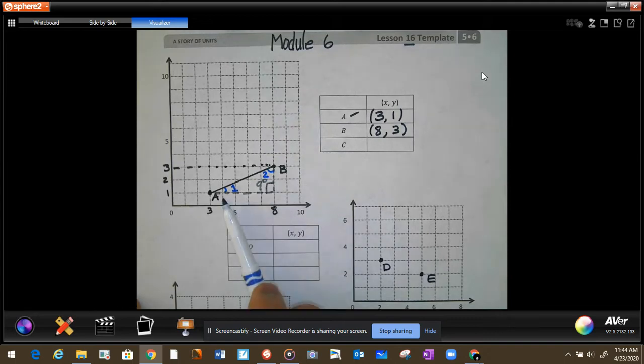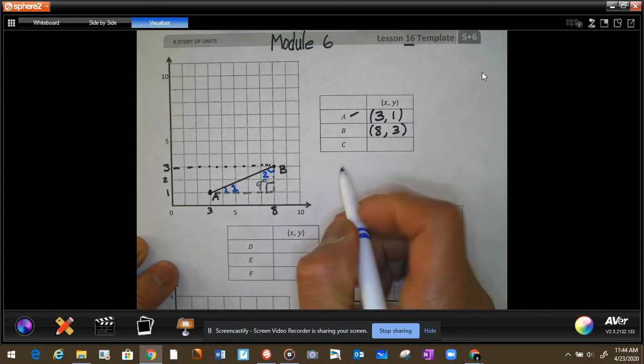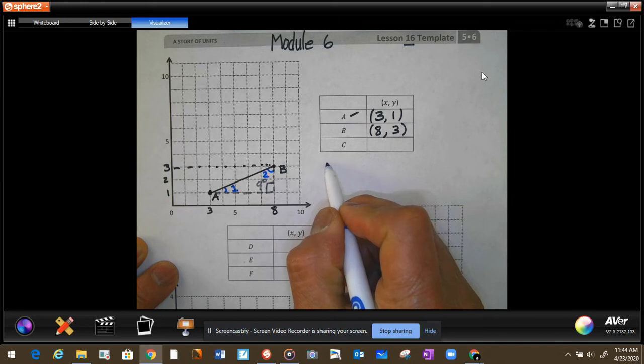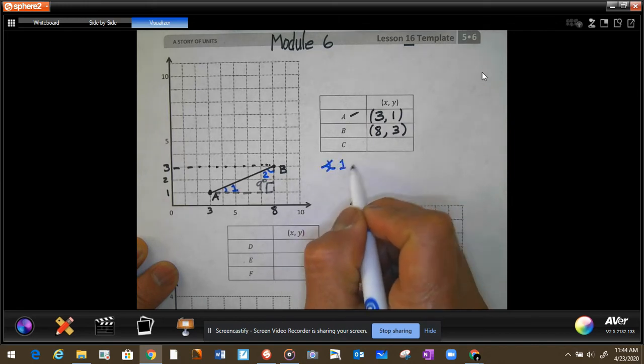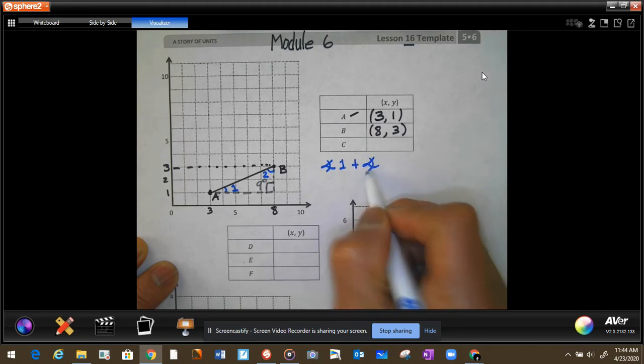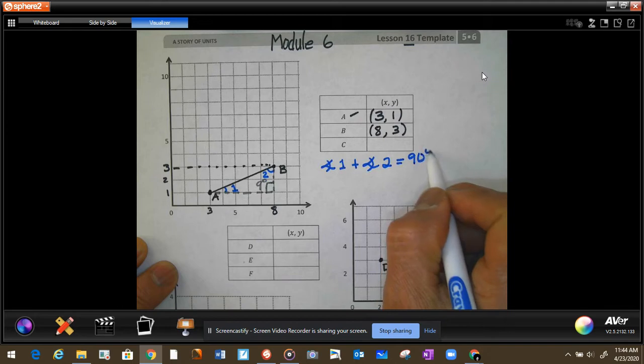Now, here's something that you need to understand. This is mathematics. It's so exact and so beautiful. When you add up angle 1 and angle 2, the total is going to be 90 degrees.